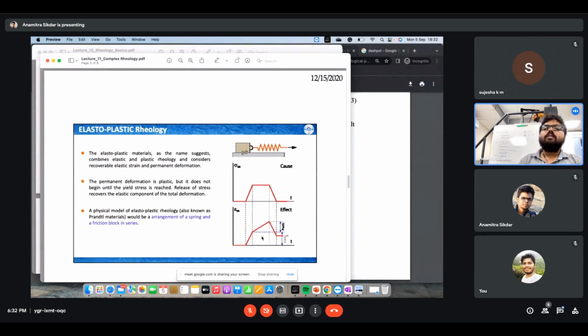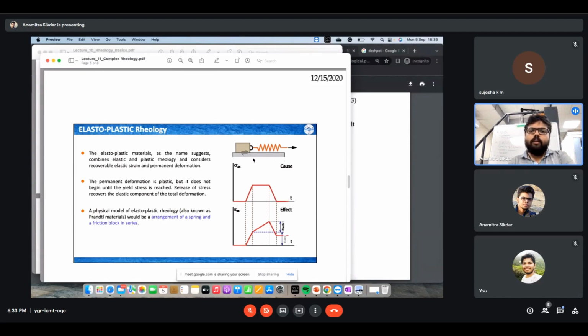So what will happen when you pull the spring? The block won't move instantaneously, right? So there is some friction. The strain will be there, but that will be stored in the spring. But this block won't move.